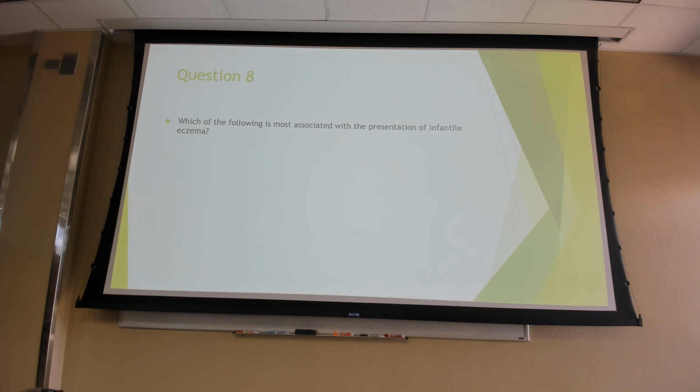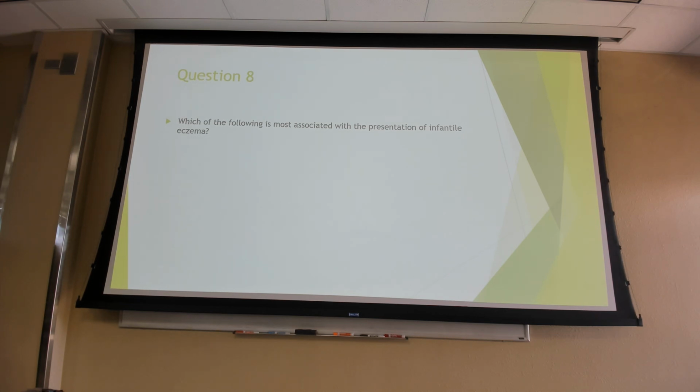Got it. Which of the following is the most associated with the presentation of infantile eczema? What does that look like on a baby compared to an adult? Face, where else? Not in the diaper, correct? Some cradle cap, you can see those without eczema. Is it on the flexors or extensors?